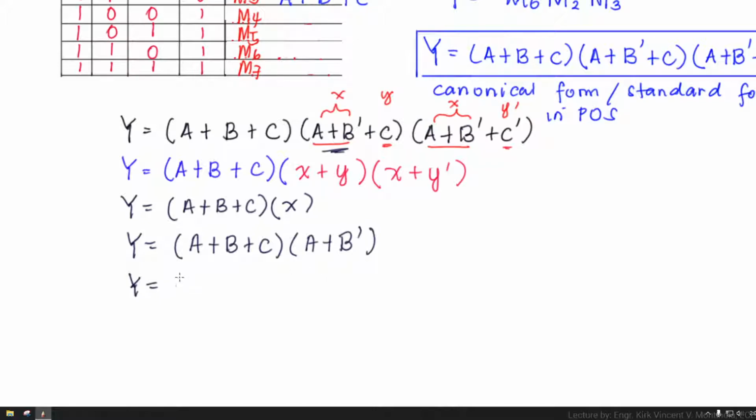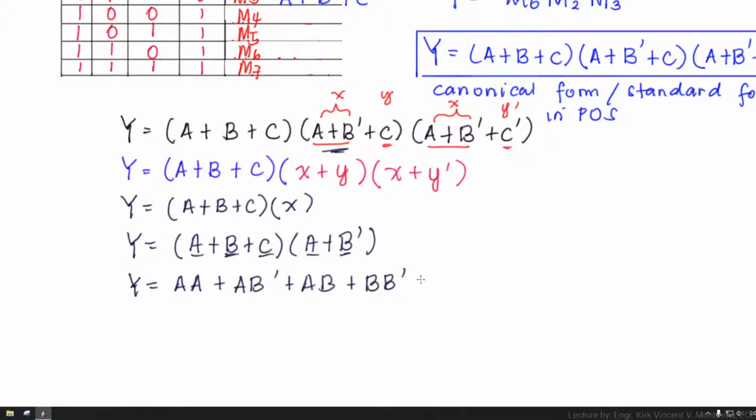Okay, so that is A, then plus, that is A, then this. Okay, then B, this, then A, then this, and then this, plus B, then B prime.